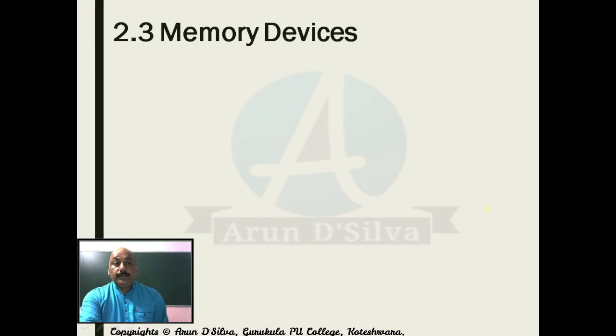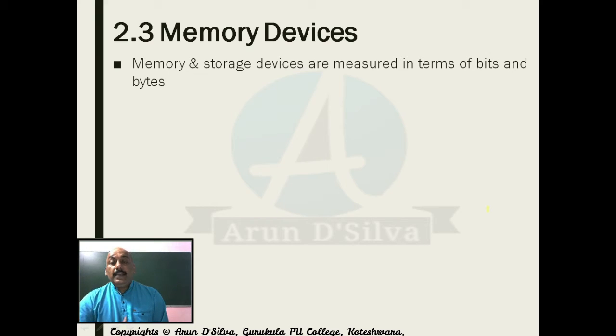Students, let me keep it in front of you: how do we measure the memory? For everything we measure. If you go to a shop and want to buy any grocery item, they'll measure in grams. If you ask for 1 kg of sugar, then it's 1000 grams.